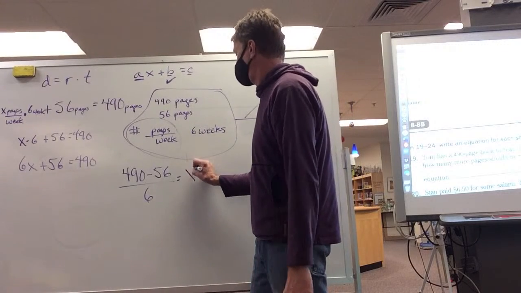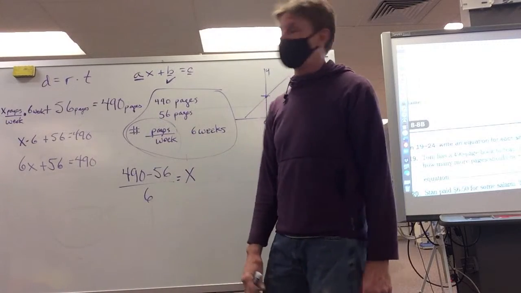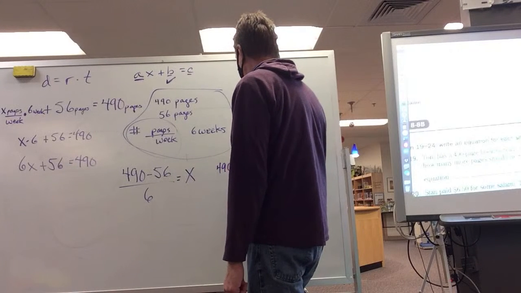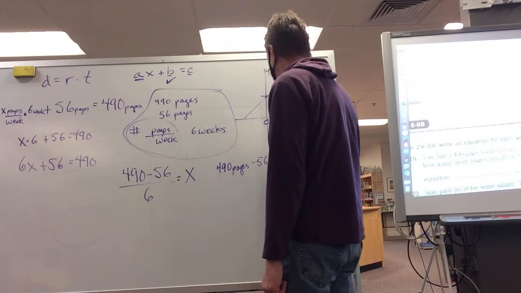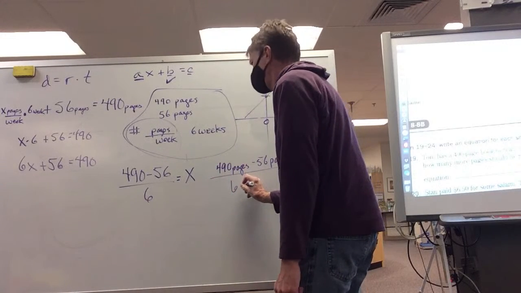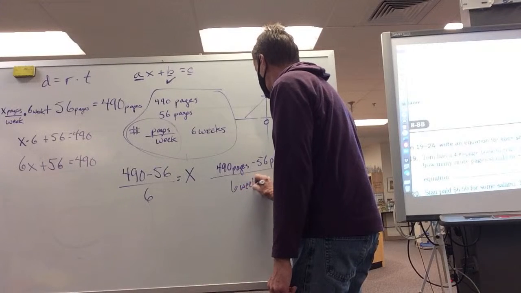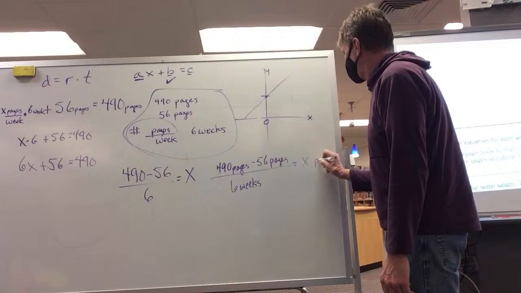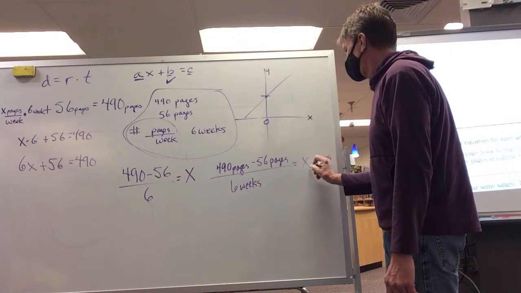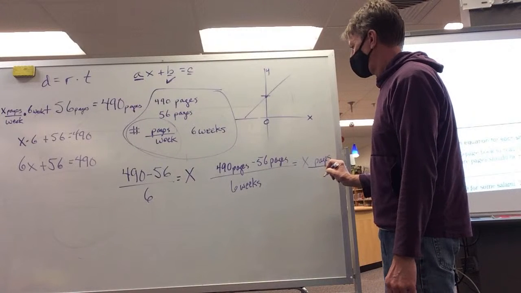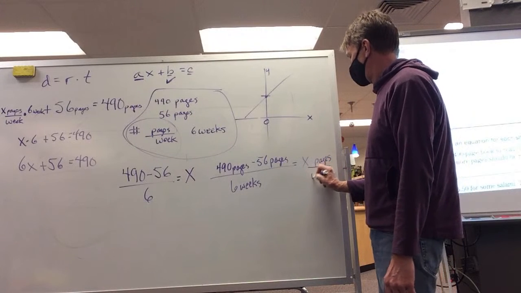Equals x, right? Okay, so let's see, 490 pages, subtract 56 pages, divided by 6 weeks is equal to x pages per what? 6 weeks? No, per 1 week. For 1 week.